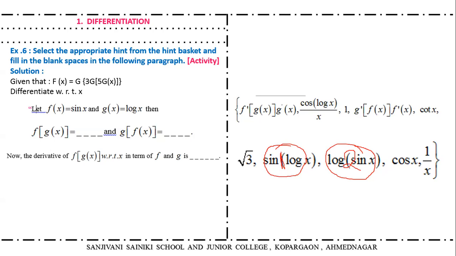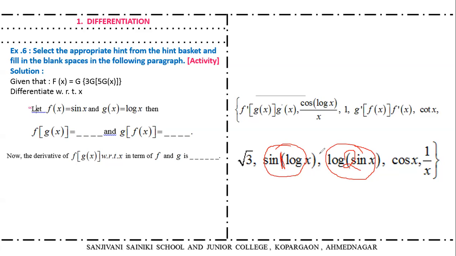What is the derivative of this? Its derivative is, sin of f of x, 1 upon f of x. So 1 upon log x into the derivative of sin x, which is cos x. So cos x upon log x.